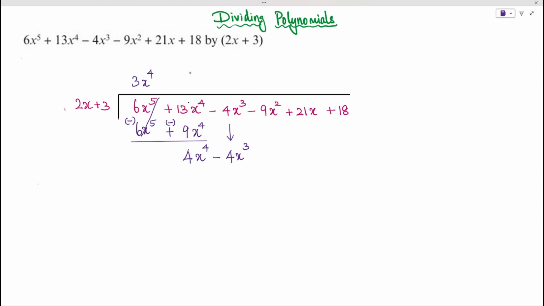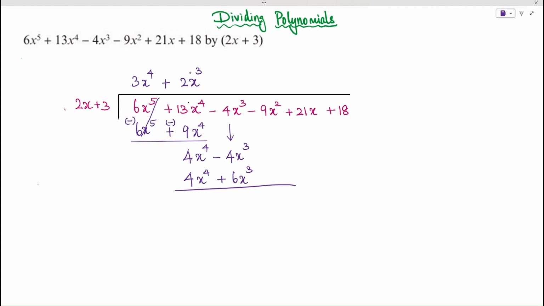Now what we're going to do is compare our 2x value to our 4x to the 4 value. So 2x multiplied by 2x cubed, so this will go in our quotient, gives us 4x to the 4, and we also multiply our plus 3 by 2x cubed, so we get 4x to the 4 plus 6x cubed.